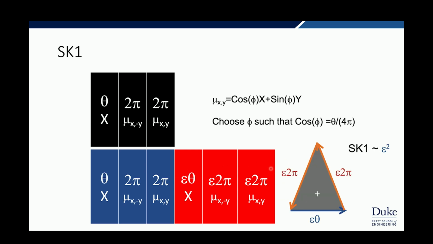And it's really nice because it has a nice geometric picture, which is that it's just a triangle. And so basically, if the errors form a triangle, there's no linear part, and the error goes from being epsilon, the angle being wrong, to epsilon squared.